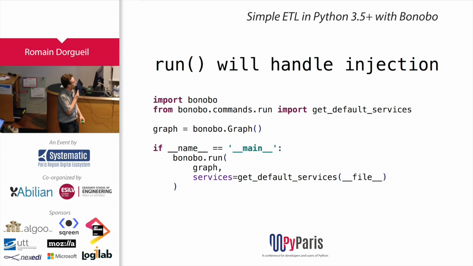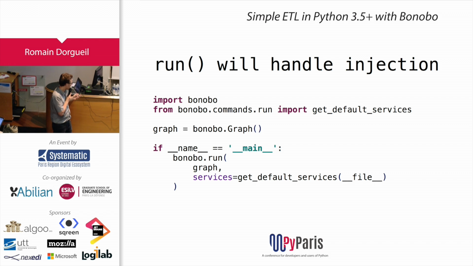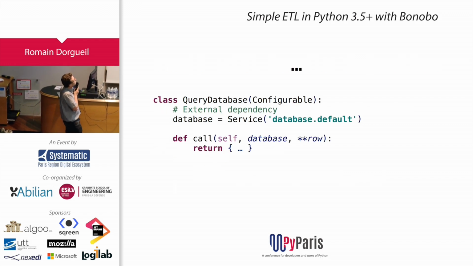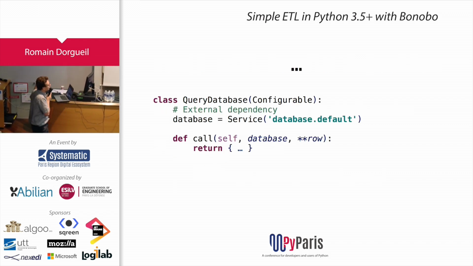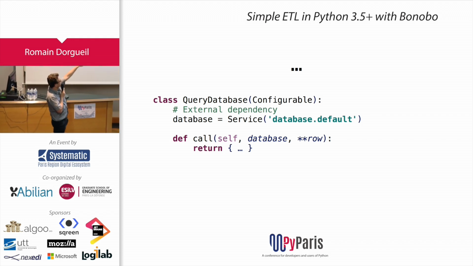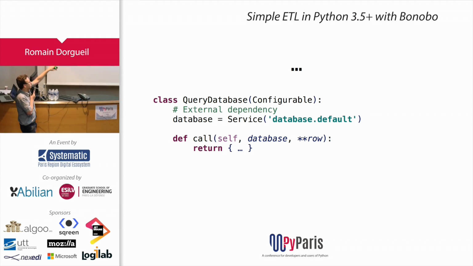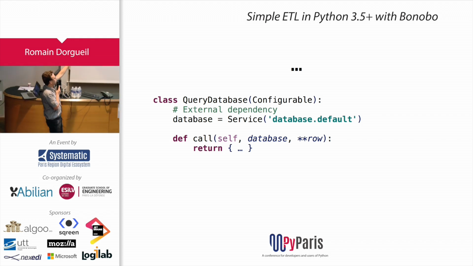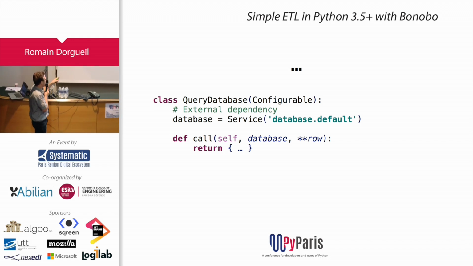That's not the topic of Bonobo, but it's possible. So to get back here, we would have defined in the dictionary a database.default equals whatever you want, and you will get it as first parameter to your call method. Of course, if it doesn't extend configurable, you have to implement it as __call__, but here you can just call it call.